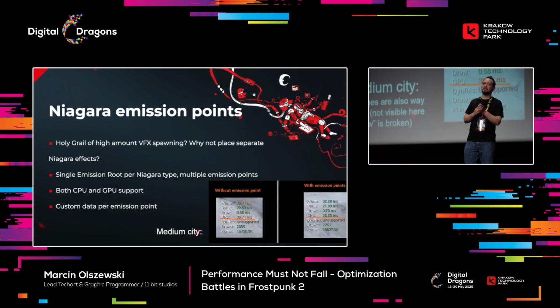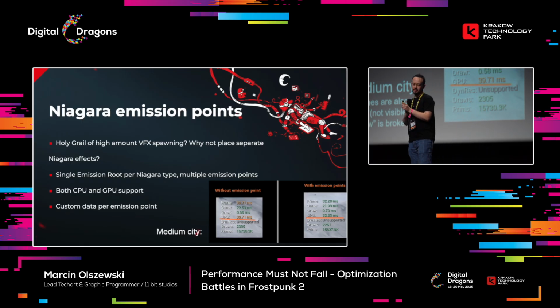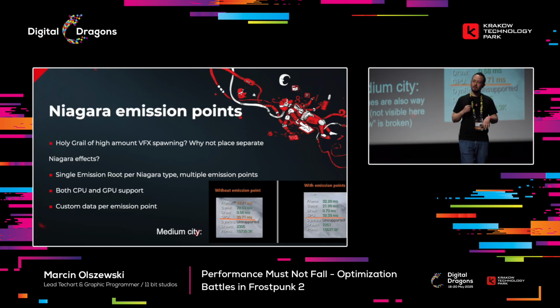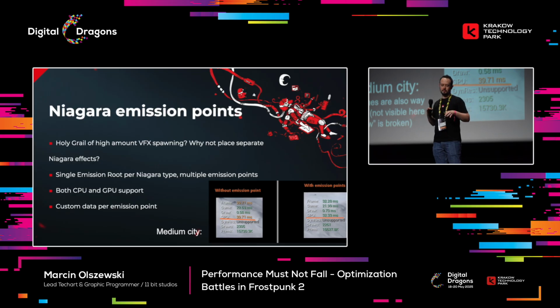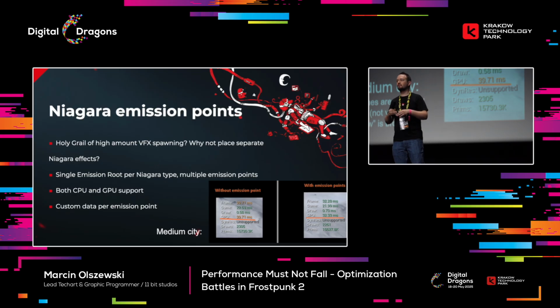And how does it work? Generally, we are putting a component, emission point, in places where we want to spawn particles. We set up a group type and some kind of restrictions, and we have one emission point route per group, per some area, because it doesn't have to be for the whole city, but for example for a district or just some large group of particles.